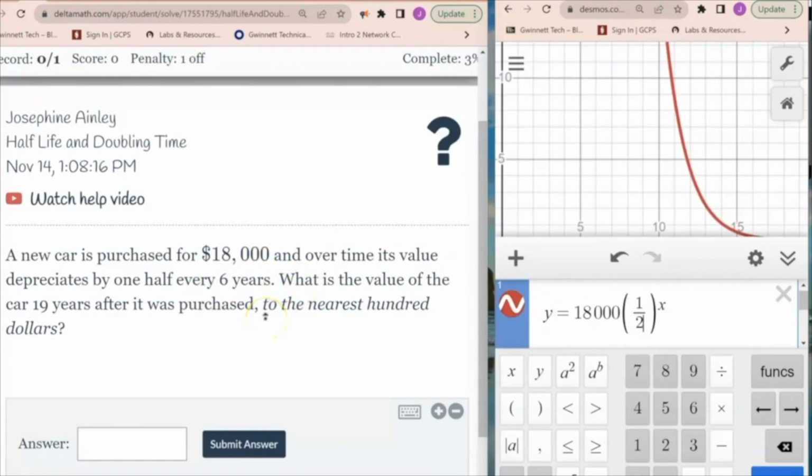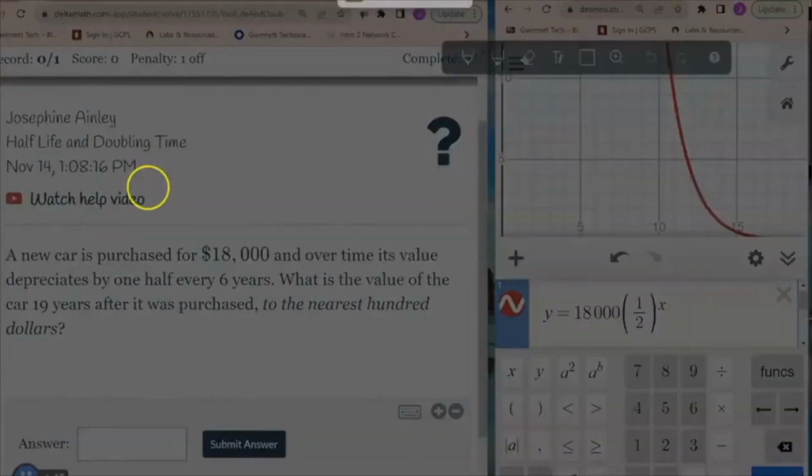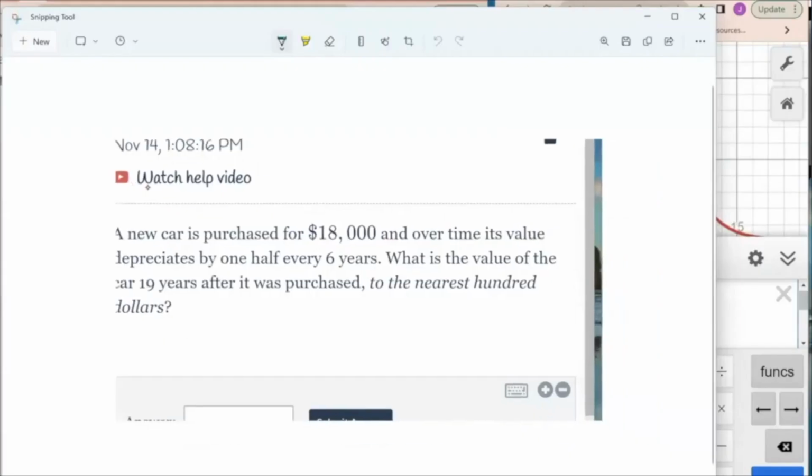What does that mean? It's depreciating by half every 6 years. That means in 6 years, this 18,000 is going to go down by half, so it's going to be 9,000. But this is after 6 years. Then again, it's going to depreciate. So year 6, then year 12, it's going to depreciate again by half.